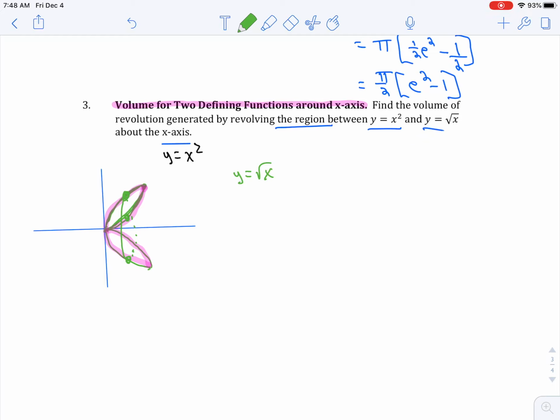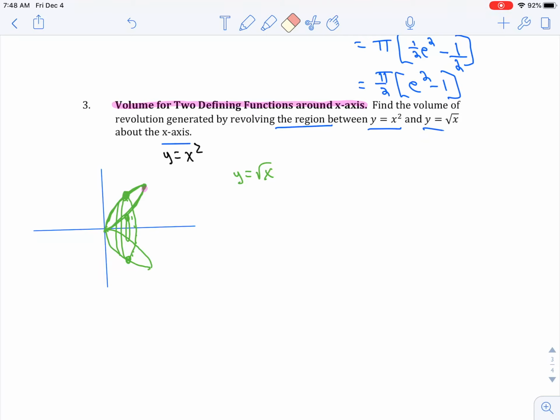And then this piece also would rotate around and look like this. And if I picture another one down here, you can hopefully kind of see the three-dimensional object that's being formed there. I'm going to get rid of some of this pink, see if we can see this a little bit better.